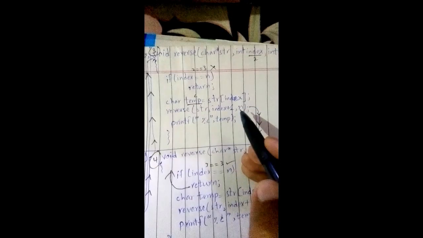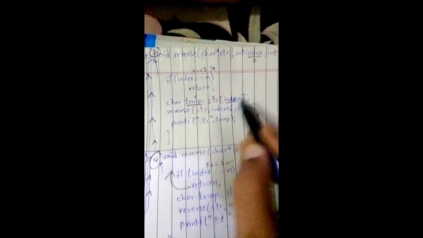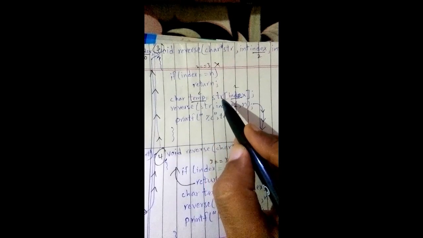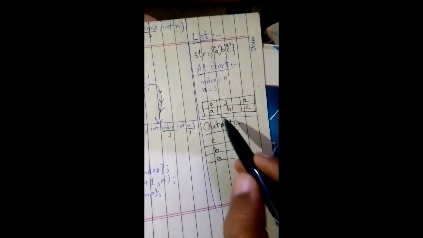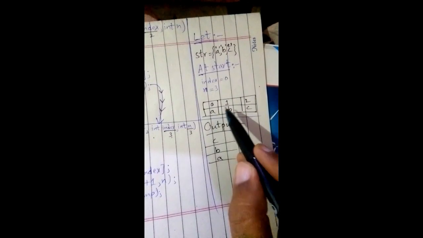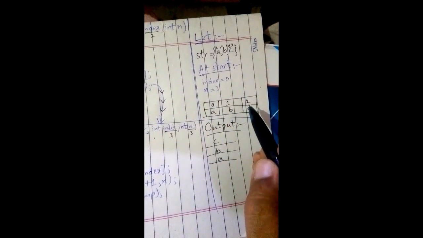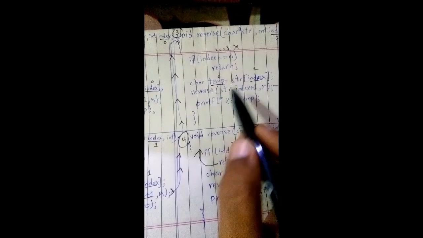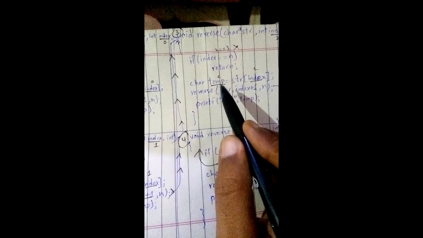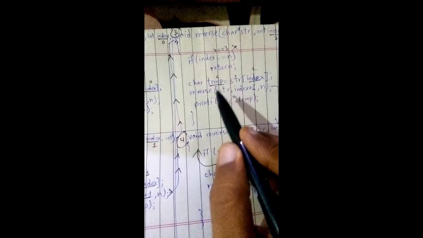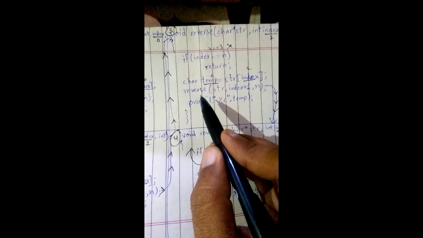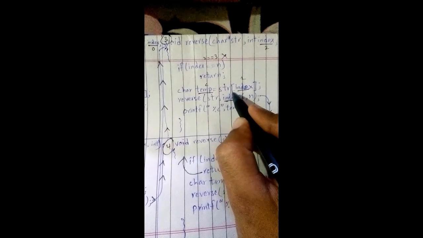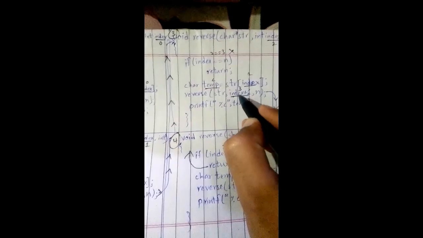At 2 position, at index 2, we have C. As you can see, at 0 index we have A, at 1 index we have B, at 2 index we have C. So at 2 index we have C, temp contains C. Again the reverse function gets called and index plus 1 gives us 3.